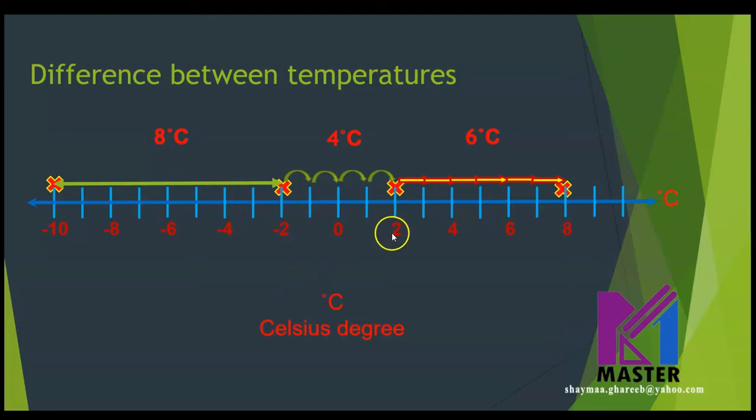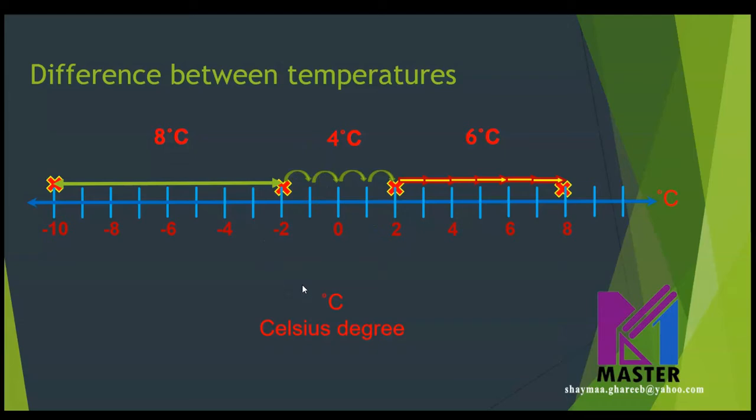What about these two? One of them is positive, which is 2, and the other one is negative. The difference here is 4. So it is the sum of 2 and 2. 2 plus 2 gives 4.